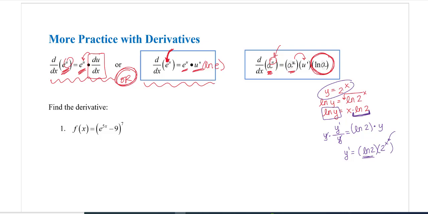So when you learned the derivative with respect to x of e to the u, it is itself e to the u times that u prime, and technically there is that natural log of e, or natural log of the base, built in, but natural log of e is 1, so we don't need to write that down.